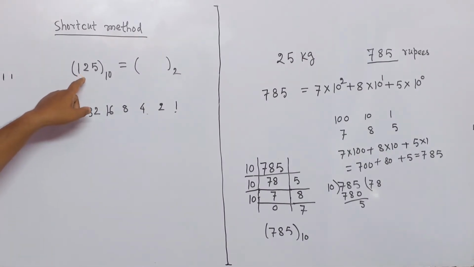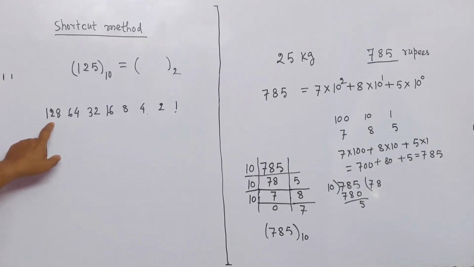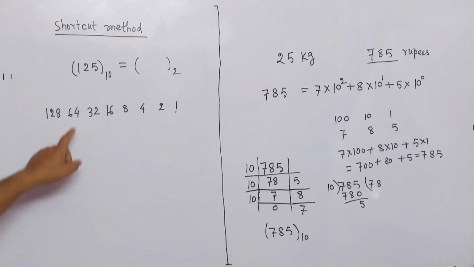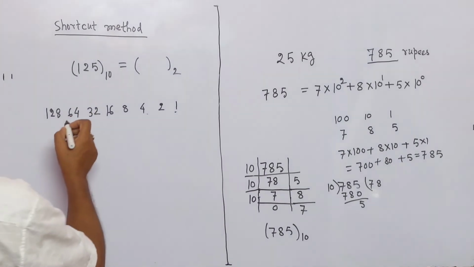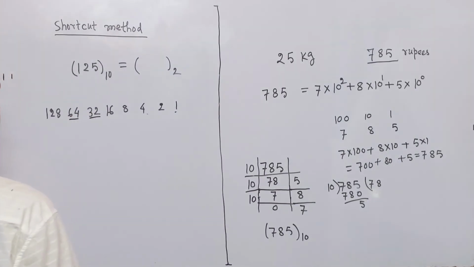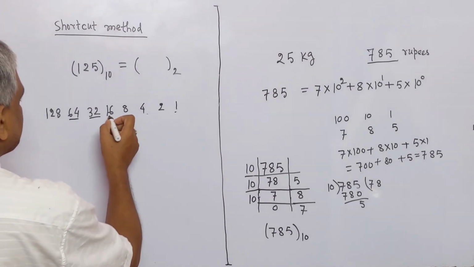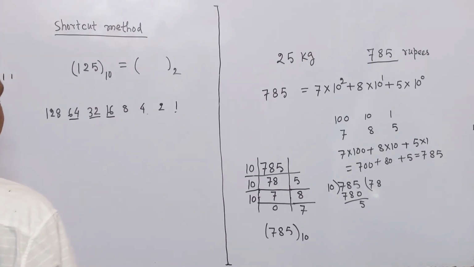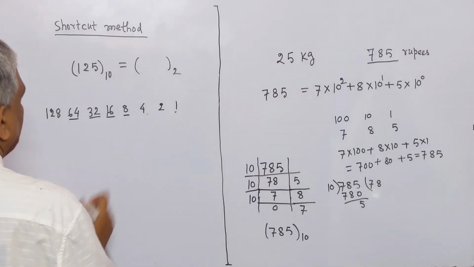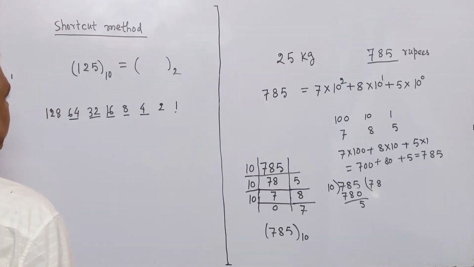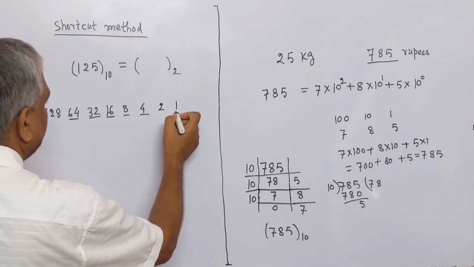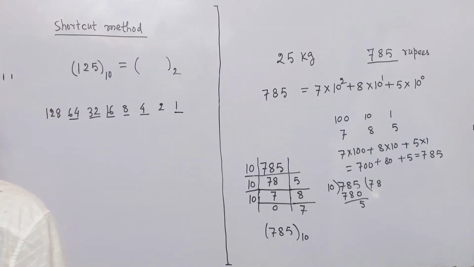Now we see that here the number is 125. Here we have 128, so we will not take this 128. We start from the next number, 64. Here 64 plus 32, 96, plus 16, 112, plus 8, 120, plus 4, 124, and here plus 1, 125.